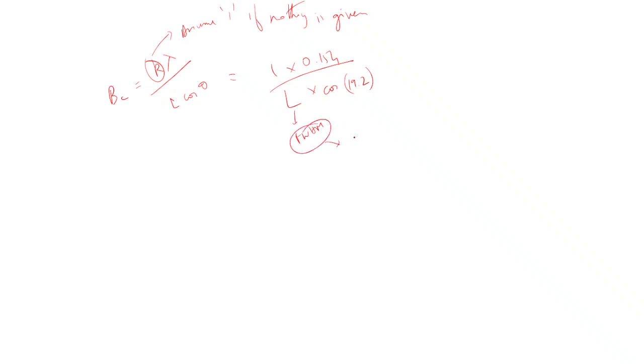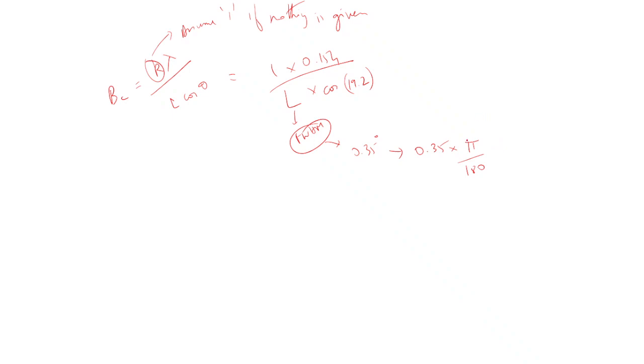Here there is a catch. The FWHM is given as 0.35 degrees. If it is given in degrees, what we should do is convert it to radians. So 0.35 degree into pi by 180 radians.